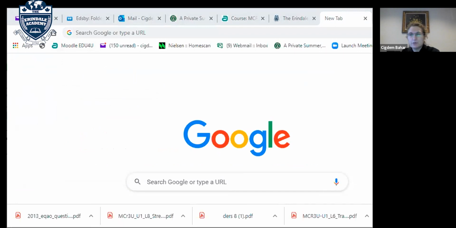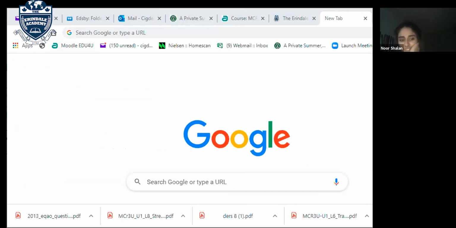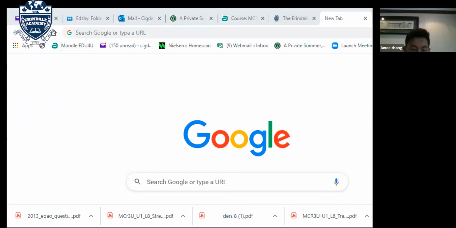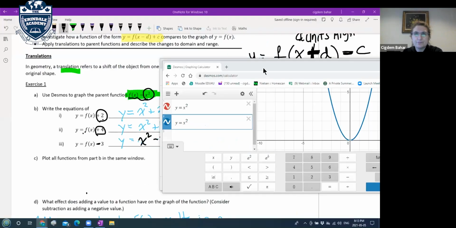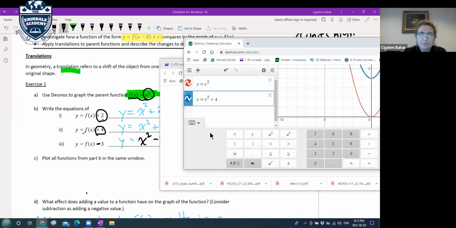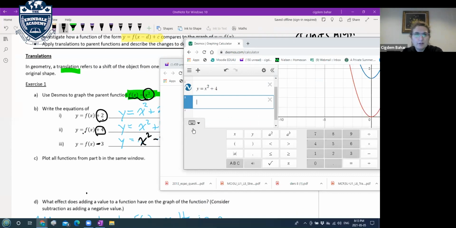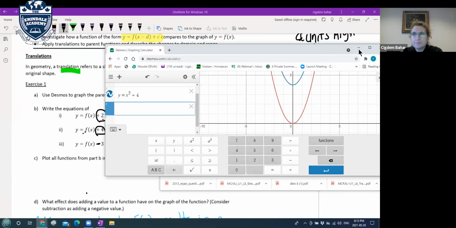This is the parabola, the one with no transformation. The second one is x squared plus 4. And then x squared minus 3.